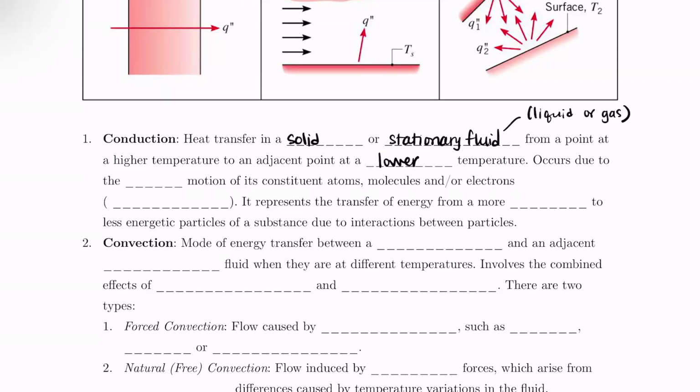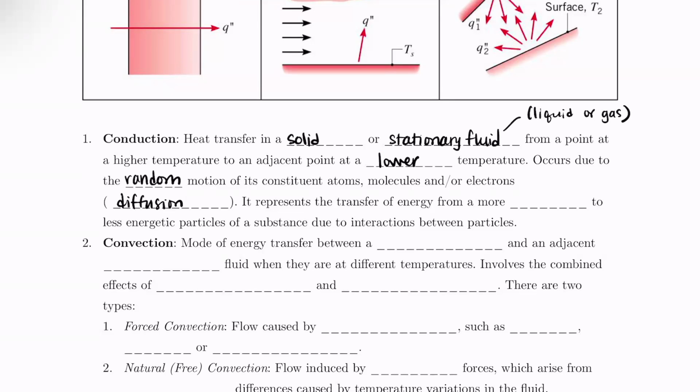And conduction occurs due to the random motion of the material's constituent atoms, molecules, or electrons, which is another way of saying it's diffusion.